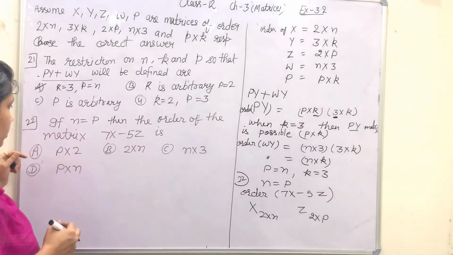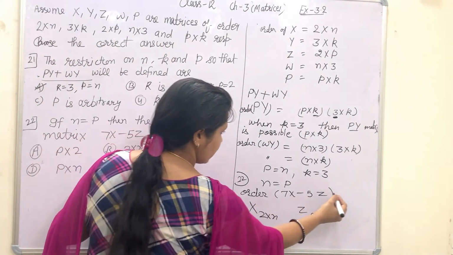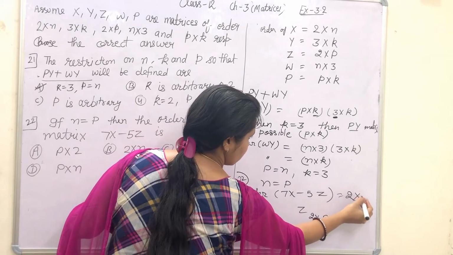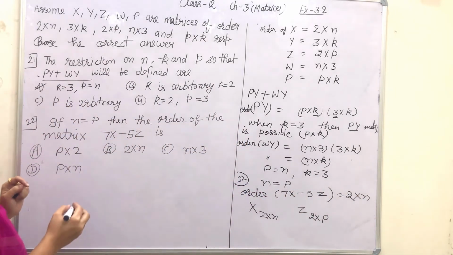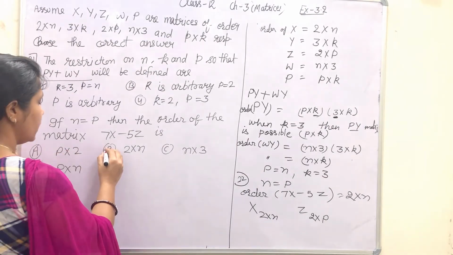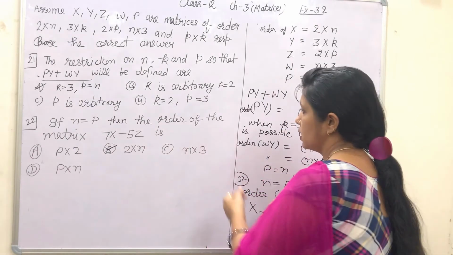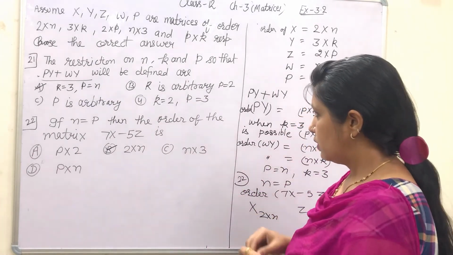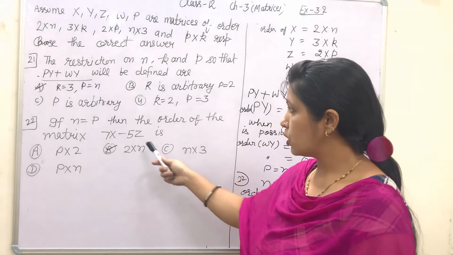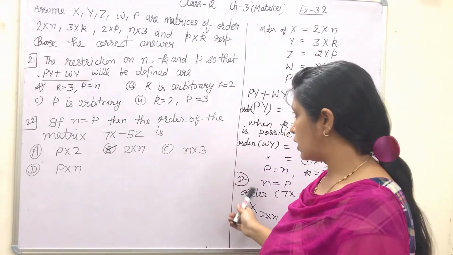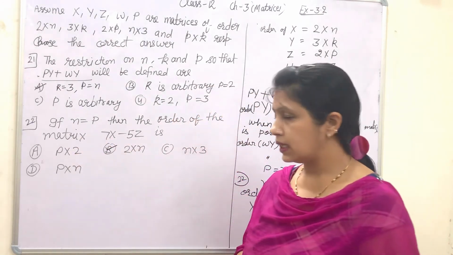So what you get here, our order of this matrix is 2 cross n. So we can write here our option number B is correct. We can see that 7x minus 5z, the order of this matrix is 2 cross n. Why? Because they are given that n equal to P.